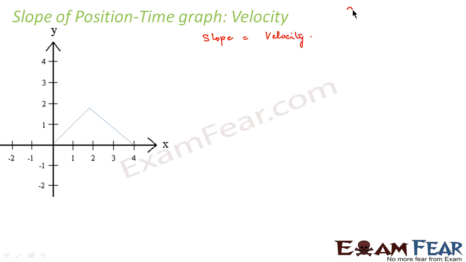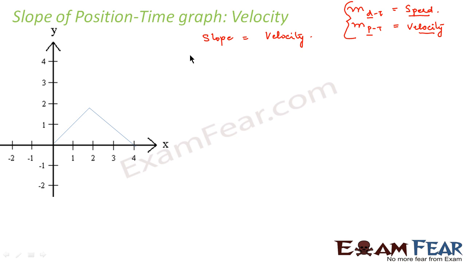When we talk of slope of distance time graph, that is speed. When we talk of slope of position time graph, that is velocity. A very easy way to remember is speed is scalar, distance is scalar. Velocity is vector, position is vector. Now in this case, the slope of this graph would be velocity.